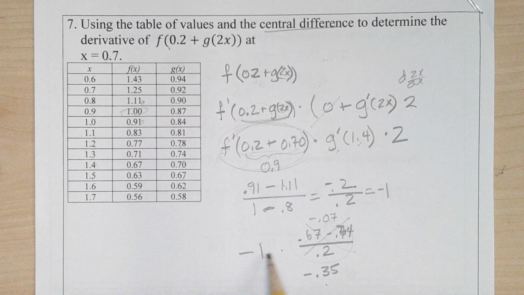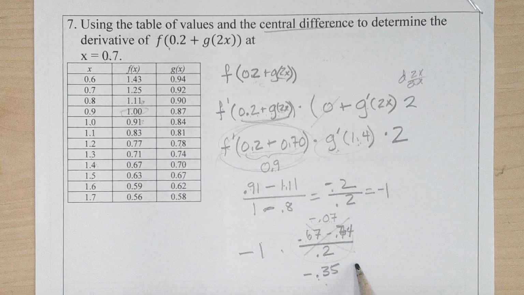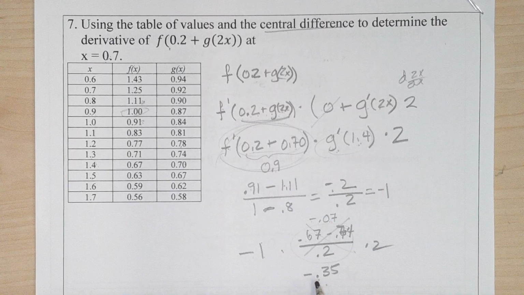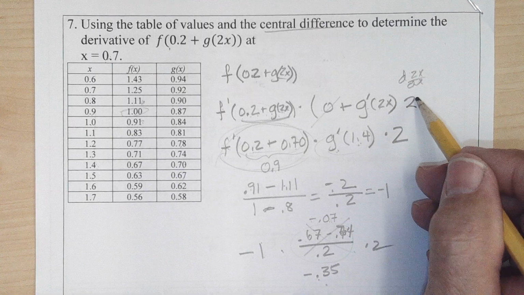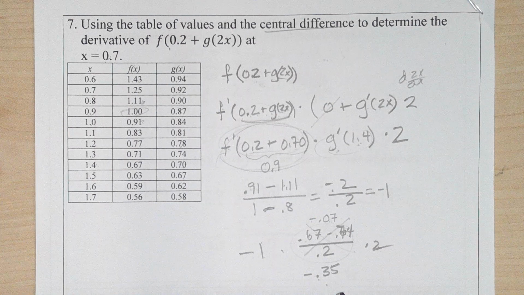So we got minus 1 times negative 0.35 times 2. Let's see, that would be times 2. So 2 times negative 0.35 is negative 0.7 times the negative 1 is 0.7.